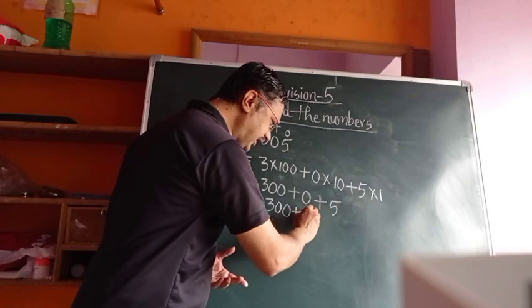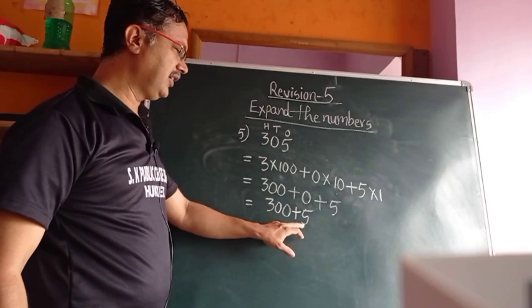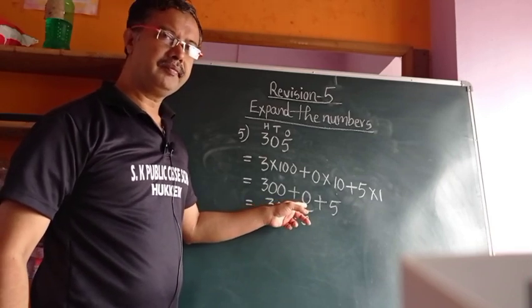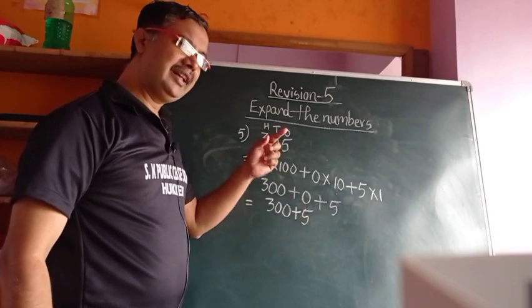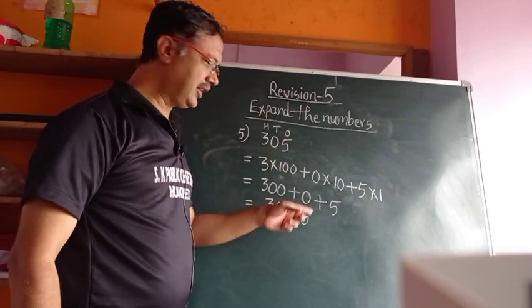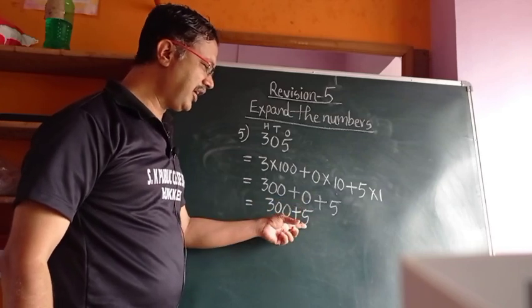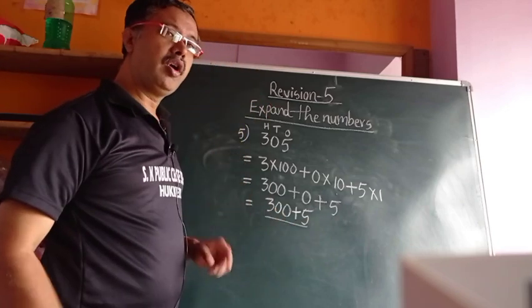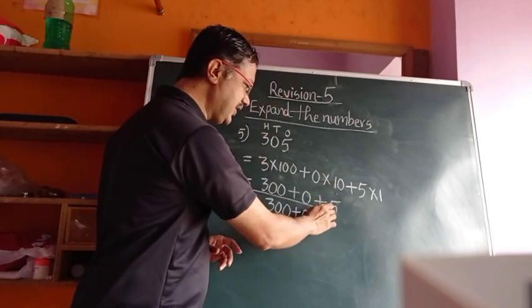Now we can write the direct answer 5. 300 plus 5, because this has no value. So we are omitting that number and writing direct numbers here, 300 plus 5. You can write this number also. This is also correct.